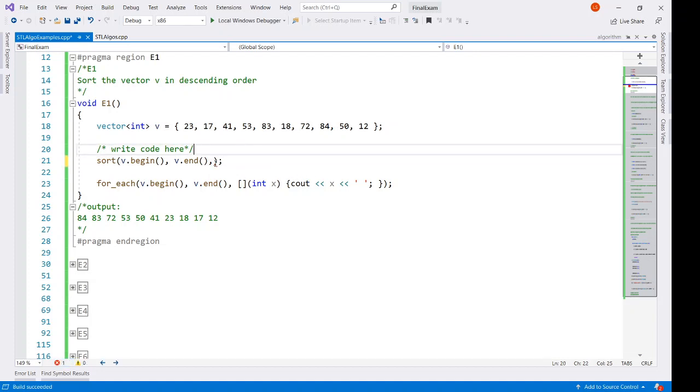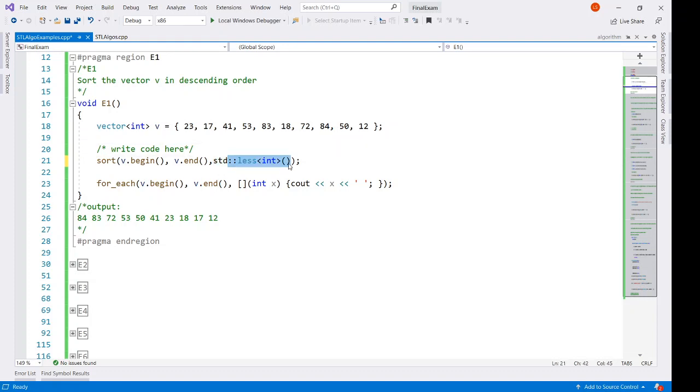So that predicate is std::less by default. This predicate simply compares two objects, in this case integers, and returns true if the first integer is less than the second one. However, we want the opposite of it.